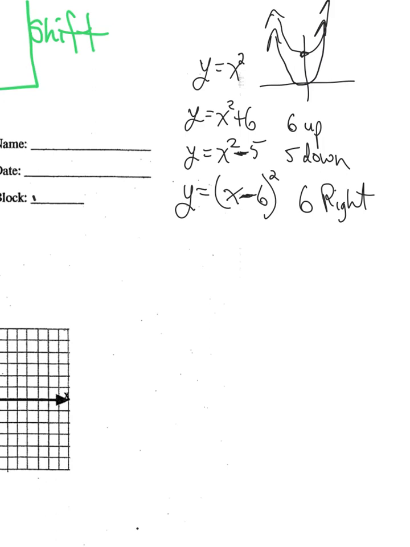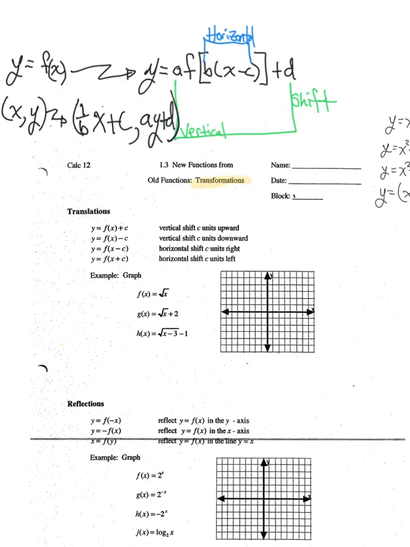Alrighty, then let's have a look back at our note. So here is our summary of our translations. y equals f at x plus c is showing me that this is going to shift c units up. The plus c is outside the function.